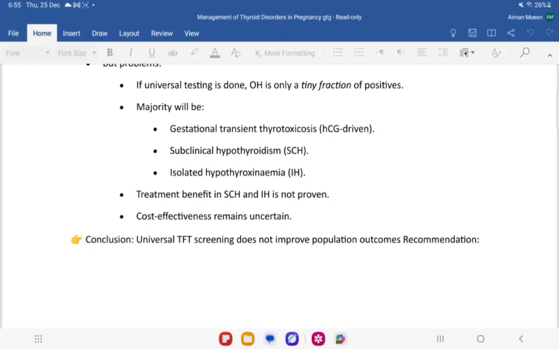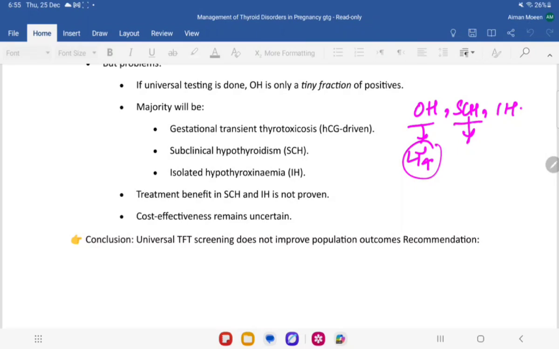We have three hypothyroidisms, right? We have isolated hypothyroxinemia, we have overt, and we have subclinical. So overt hypothyroidism, subclinical hypothyroidism, and isolated hypothyroxinemia. Overt will definitely require treatment with levothyroxine. Isolated will not require treatment.